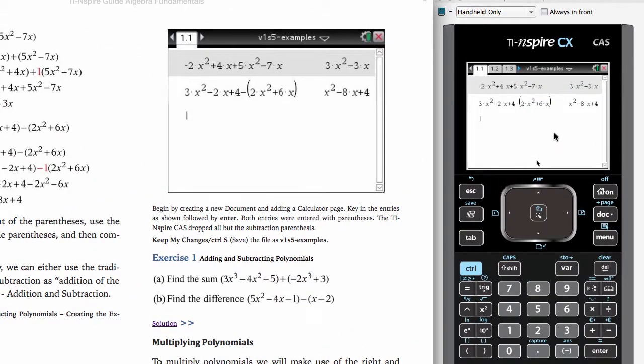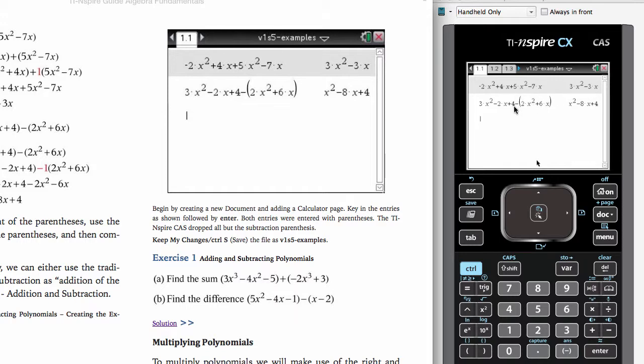Let's go over and take a look at these on our calculator. So when we put these into our calculator with the parentheses around the first 2 and a parentheses around the second 2, and we press enter, our calculator drops the parentheses and comes up with the answer 3x squared minus 3x.